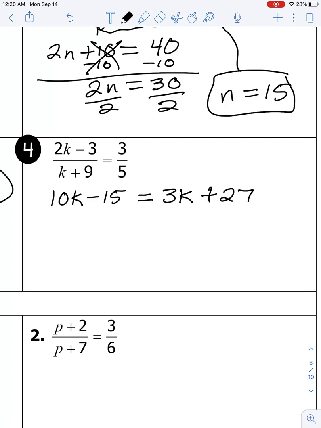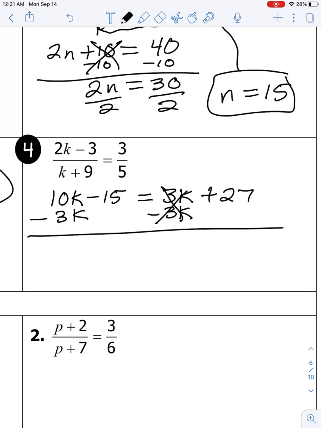So now we've got 2 terms on each side, and we've actually got 2 letters on each side. So kind of what we did in a previous video about multi-step, we need to get our letters to one side. So I'm going to subtract this 3k over to the other side. And what that does is cancel out the 3k.